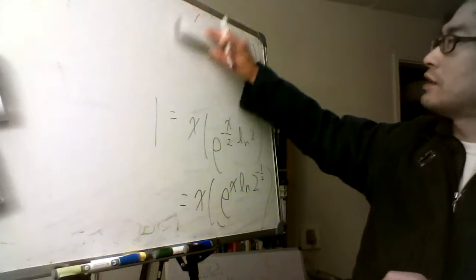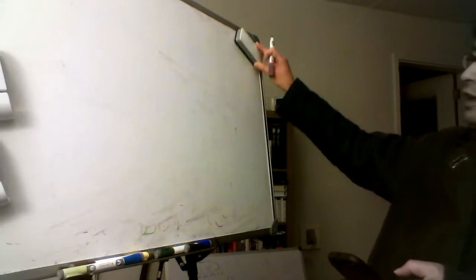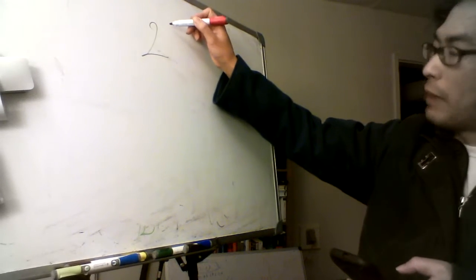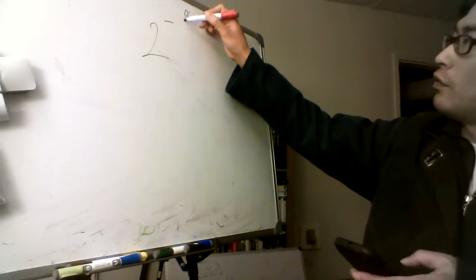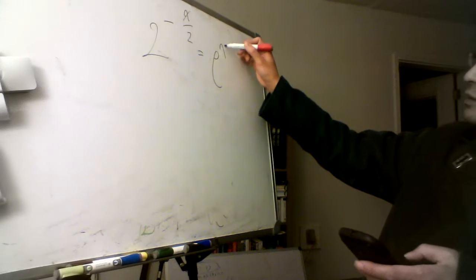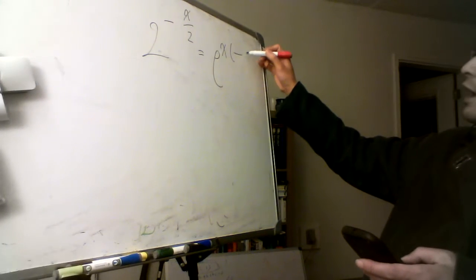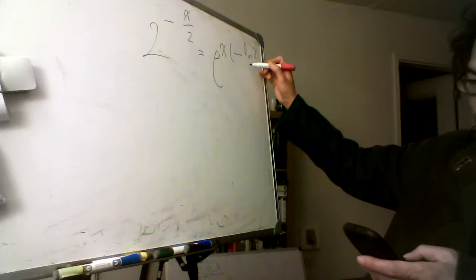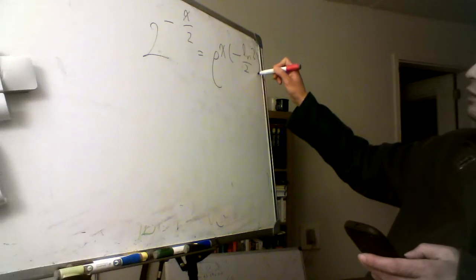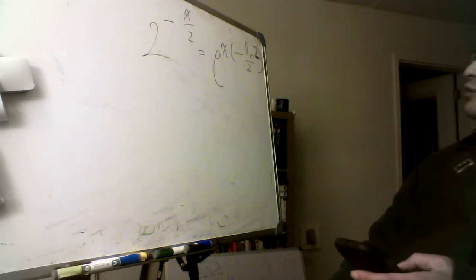In a nutshell, he's saying 2 to the minus x over 2 is equal to e to the x multiplied by minus ln 2 over 2. I'm not sure if that's correct.